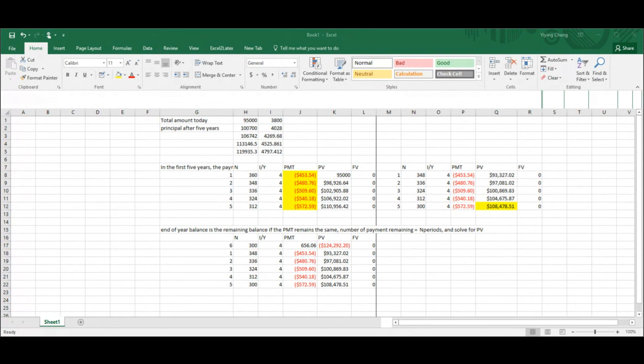Each payment is going to be repeated 12 times. So the first cash flow is 453.54, and for the number of times the cash flow is repeated, you put in 12. Then another 12 of 480.76, another 12 of 509.60, and 540.18. And then you calculate the IRR at the end.